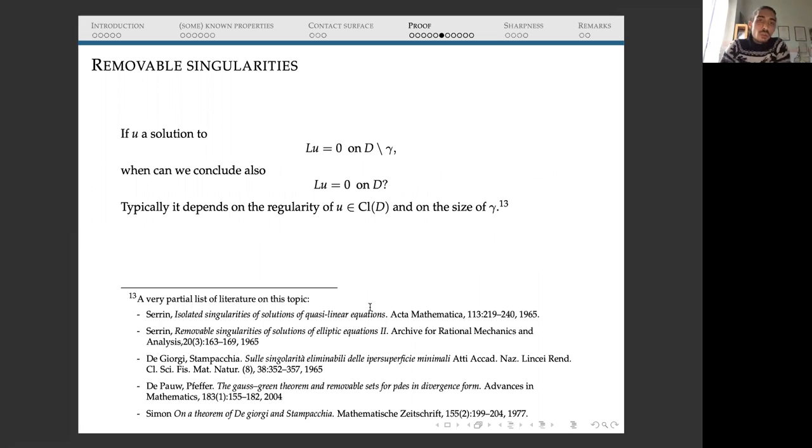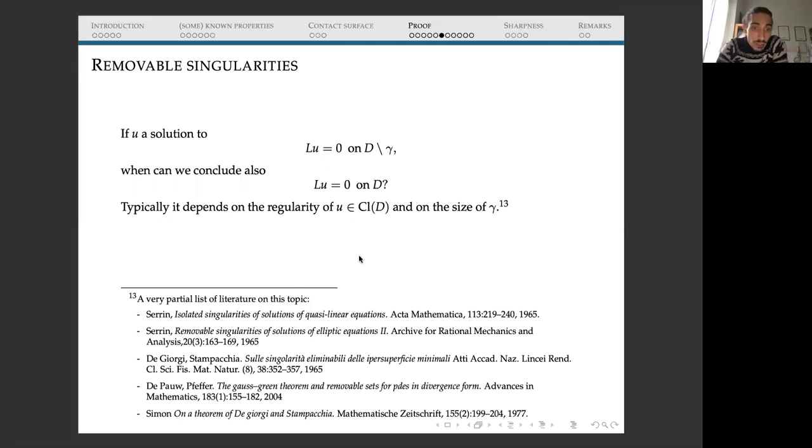If you have a solution U which solves LU equals 0, where L is a generic elliptic operator, and you know that it solves it on D minus gamma, when can you conclude that U solves the PDE on D? So what kind of condition do you have to impose on gamma? And as I say, this is going to depend on the regularity and also on the size.